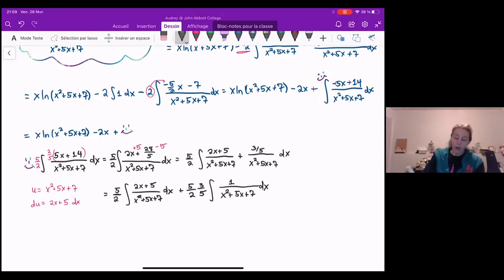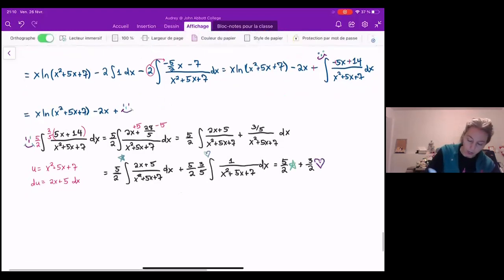And now we're going to call this one right here star, and we'll call this one right here heart. And we can see that this is equal to 5 over 2 times star plus 3 over 2 times heart. And that way, after I've done both of those integrals, I can come back and remember I didn't bring those constants with me. I still have to multiply by them.